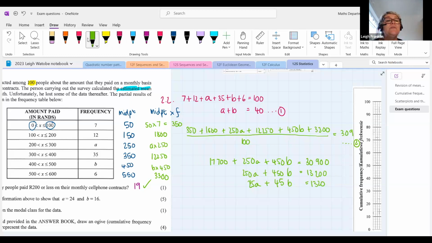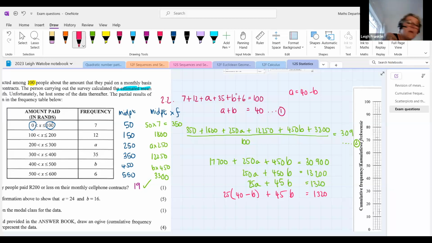Now what I'm going to do with this equation over here is make something the subject of the formula. Let's say I decide to make A the subject of the formula. It's going to be equal to 40 minus B. So now I'm going to replace my A in my second equation with 40 minus B, and I'm going to solve for B first.